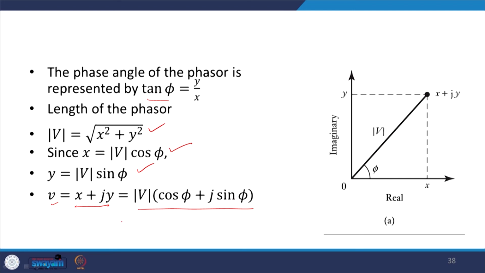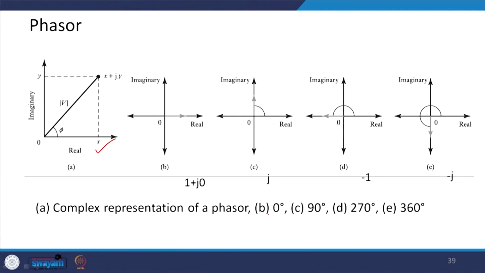So, basically this is how I can represent a phasor as a complex number. Okay. So, here you can see the phasor. If the complex representation of the phasor is at 0 degree, then this is basically 1 plus j 0.